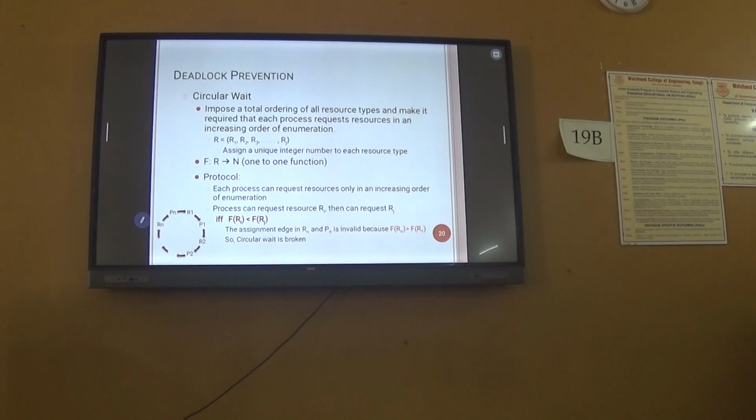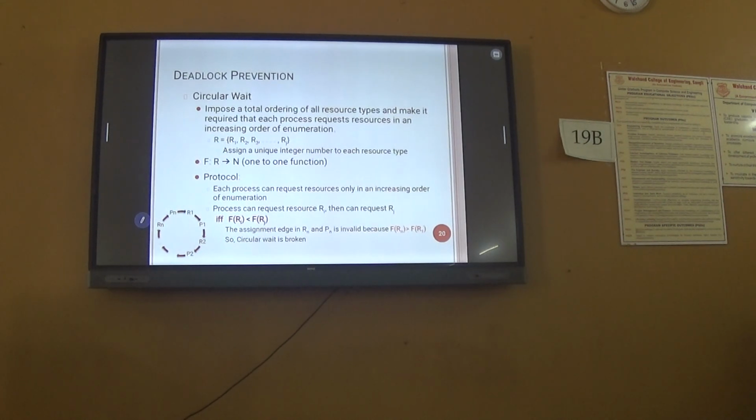P1 is holding R1, waiting for R2, and R2 has been allotted to process P2. Process P2 has R2, waiting for R3. R3 has been allotted to process P3.